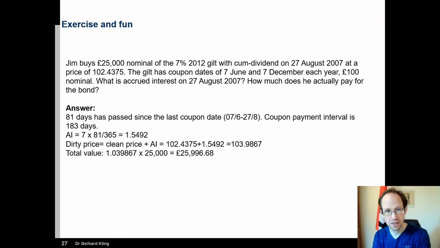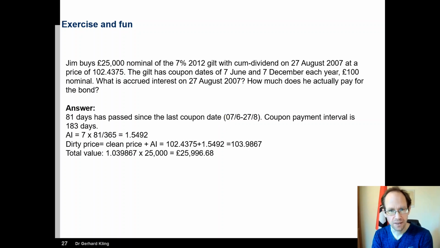The nominal here is 100, and now the issue is how can we determine these accrued interest payments, and what's the clean price and what's the dirty price. So the clean price you see is denoted at 102.4375.